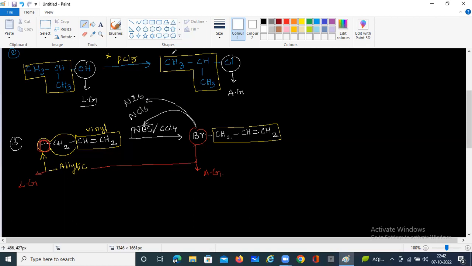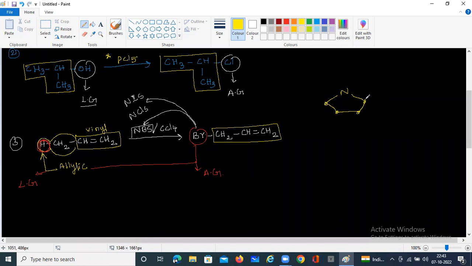Let us know. Okay, see beta, how I am going to draw the structure of this NBS. Here I am going to take nitrogen, which is connected with a 4 carbon ring, like 1, 2, 3, 4.